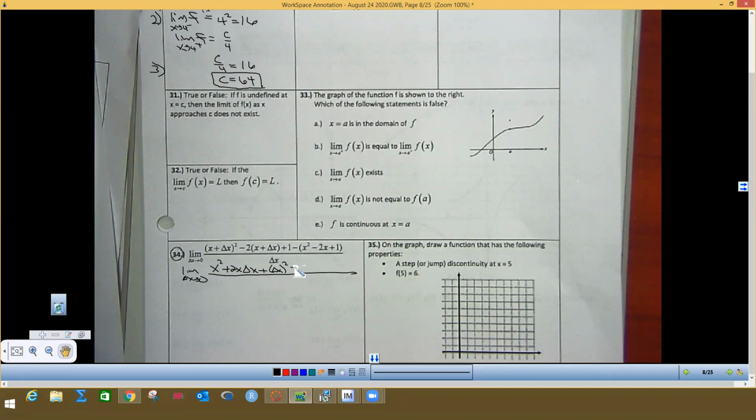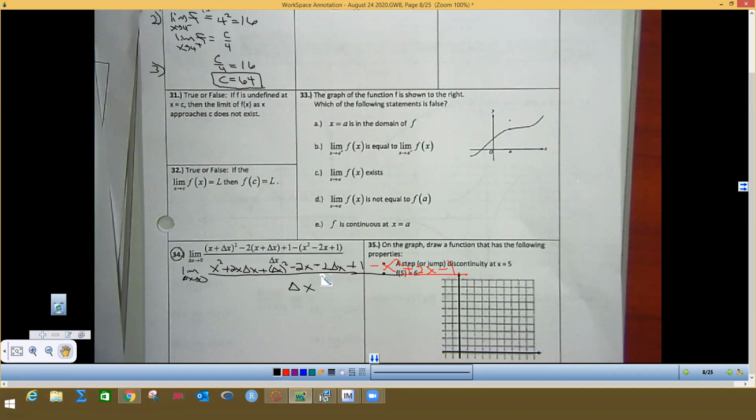Then we distribute -2, and we get -2x minus 2 delta x. And then we get +1. And then we go ahead and distribute this negative to all these things, and we get minus x squared plus 2x minus 1. And on the bottom, we still have delta x.